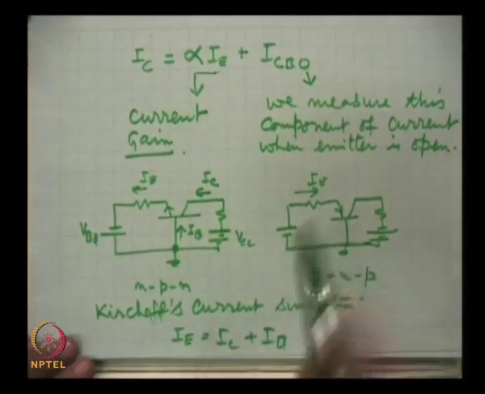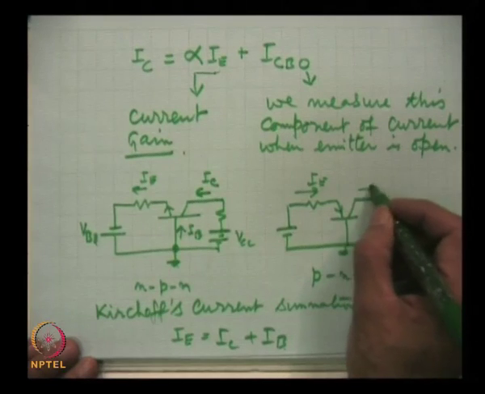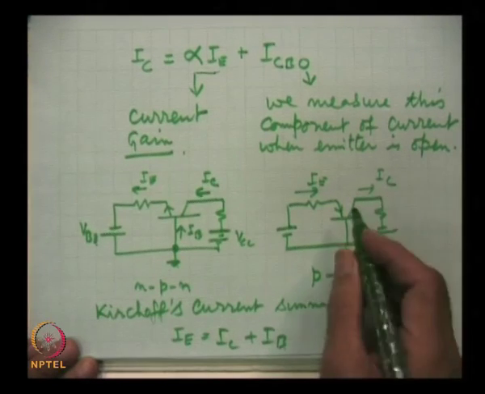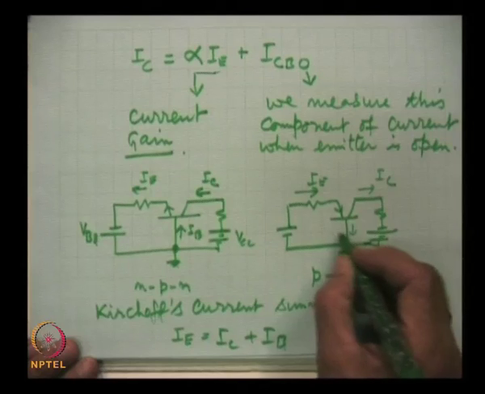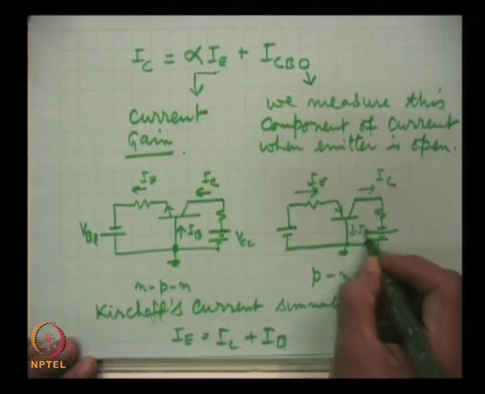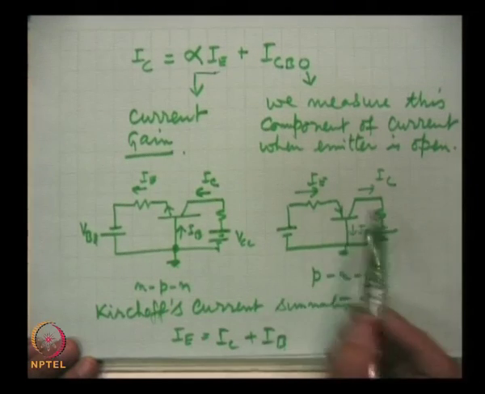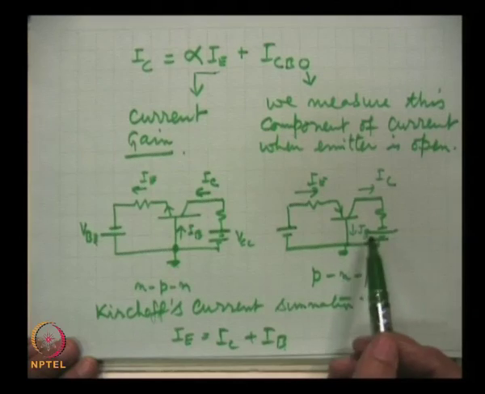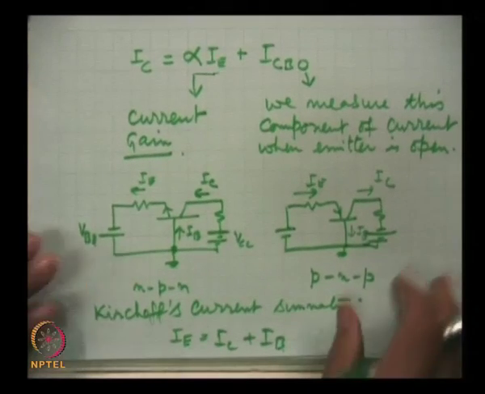This is how it will work, and the current directions will be I C and I B. So here also I E is equal to I C plus I B.